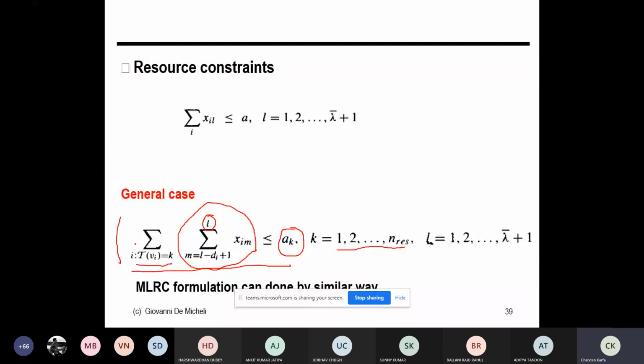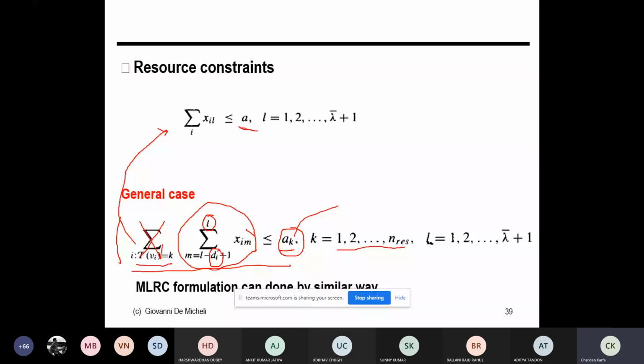Now if you try to simplify this for our case, this equation will simplify because there is no ak; I have only a single resource. This is not a vector. So this term will not be there because all operations are of the same type, right? And I have a single constant bound A. And I don't need to calculate this summation either, because here for all operations di is 1, so if we put di equal to 1, it's L to L, so there is no summation, it's just xil, right?